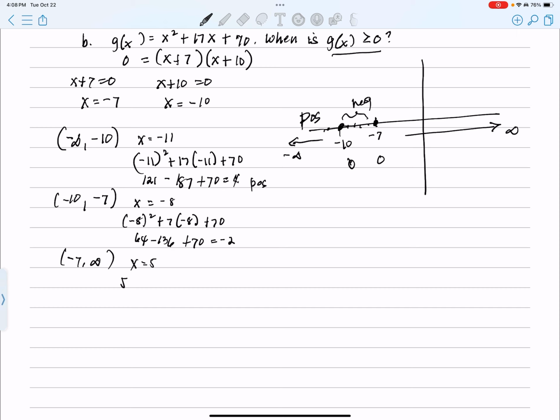So we have 5 squared plus 17 times 5 plus 70. So 25 plus 85 plus 70, we have 180. So it's positive right here.